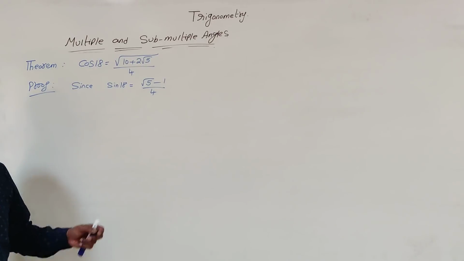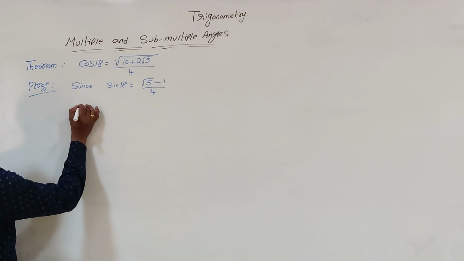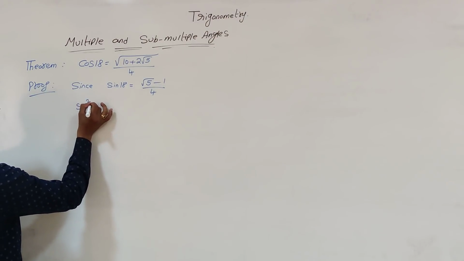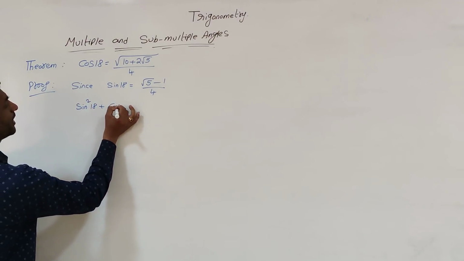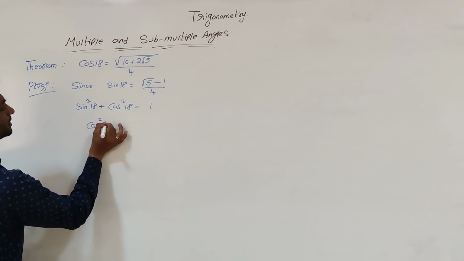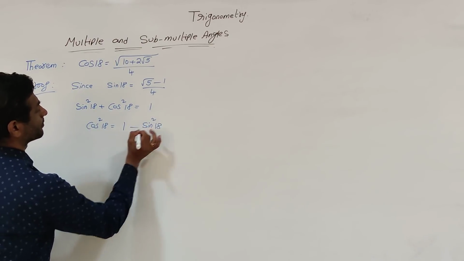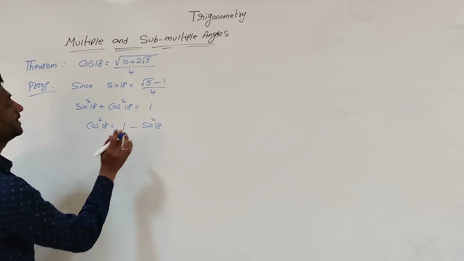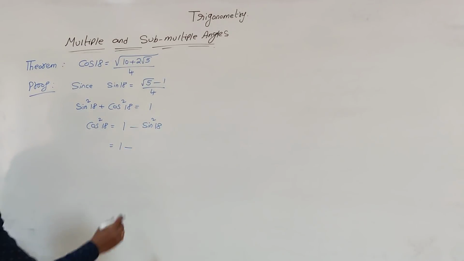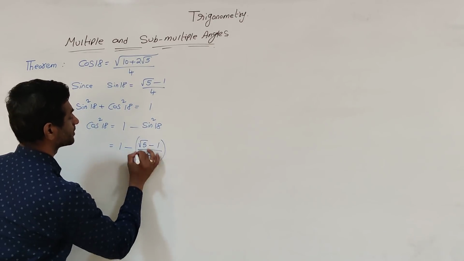And what is the relation between sin 18 and cos 18? We have an identity: sin square 18 plus cos square 18 is equal to 1. So cos square 18 is equal to 1 minus sin square 18, that is 1 minus (root 5 minus 1 by 4) whole square.